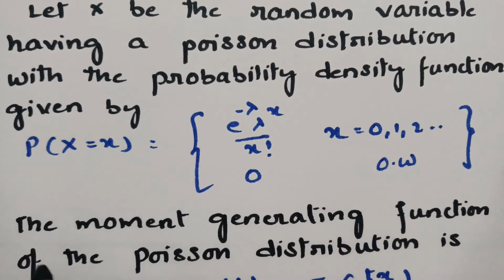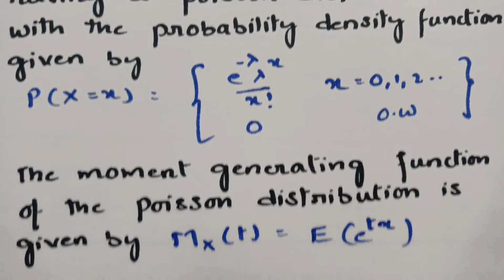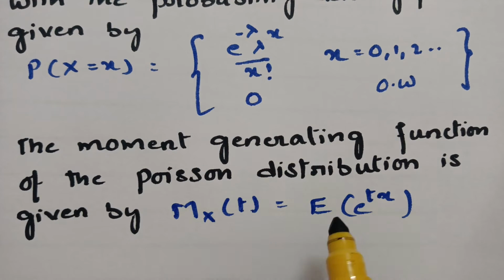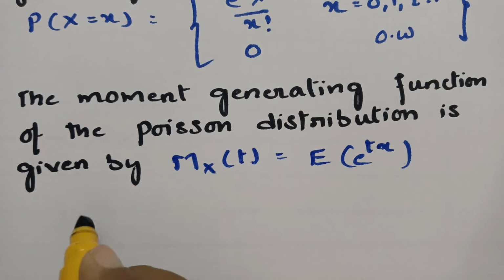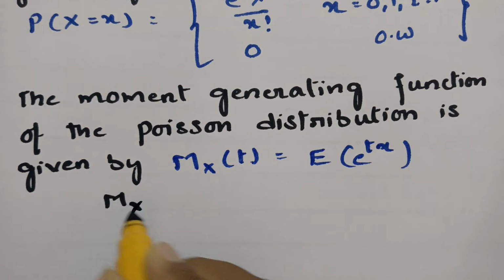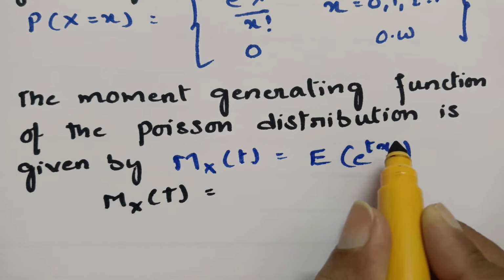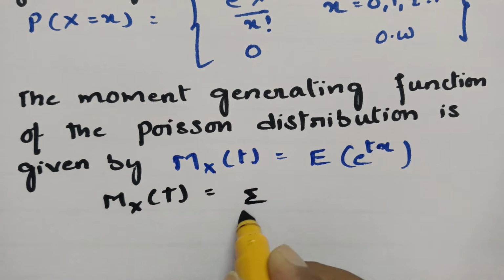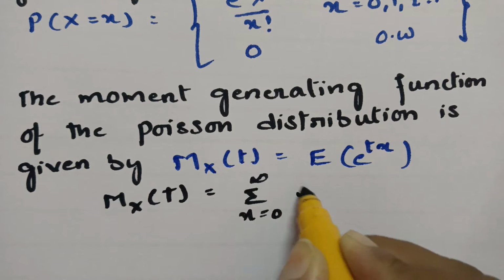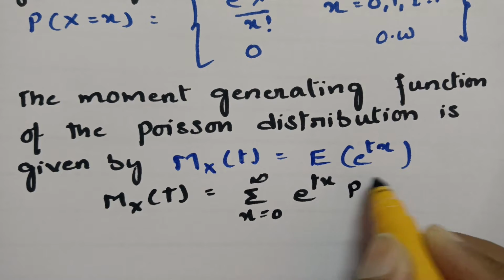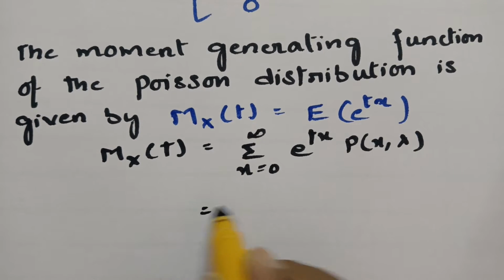Now coming to the moment generating function of a Poisson distribution, it is given as M_X(t) is equal to the expected value of e power tX. So this can be written as sigma x equal to 0 to infinity of e power tx into the probability P(x, lambda), that is the probability density function.